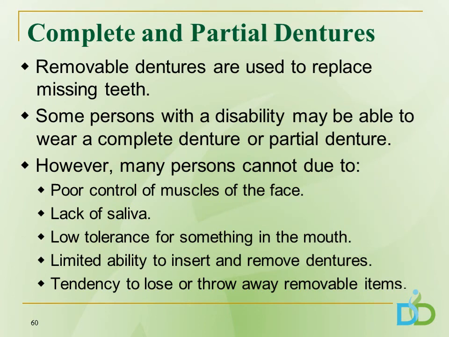Many persons with poor muscle control of the mouth and face are unable to keep a denture in place because it involves a coordinated movement of the muscles of the cheek and the tongue. For example, this might be seen in a person with cerebral palsy or a stroke resulting in facial weakness. Another way that dentures are held in place is by a thin film of saliva.